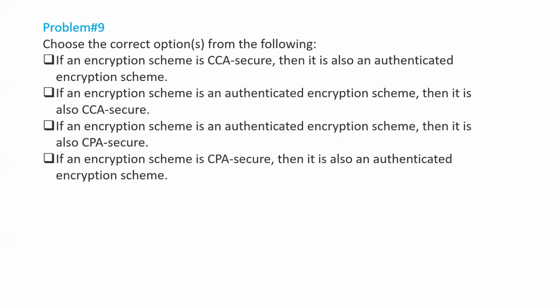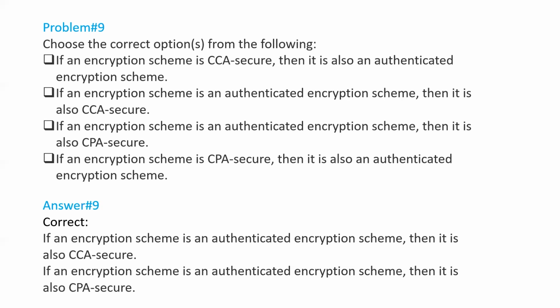And then, if an encryption scheme is CPA secure, then it is also an authenticated encryption scheme. This is again wrong because for an authenticated encryption scheme, we need to satisfy CCA security as well as ciphertext integrity. So the only correct options here are the second and third.